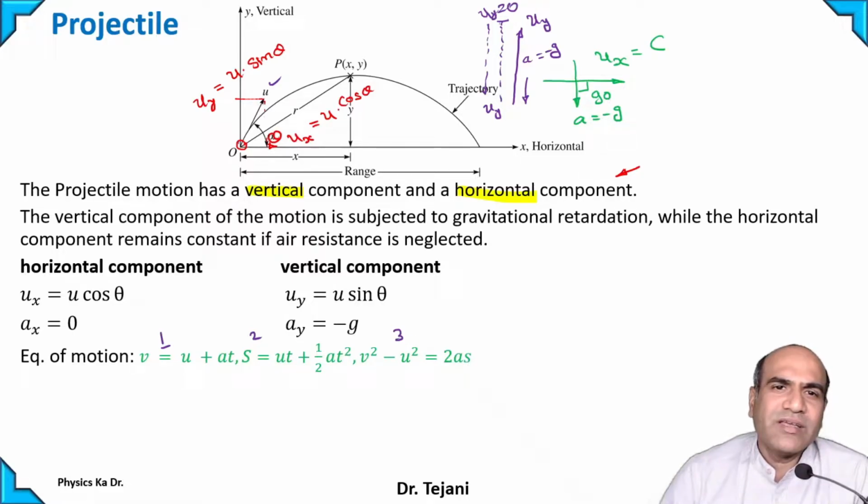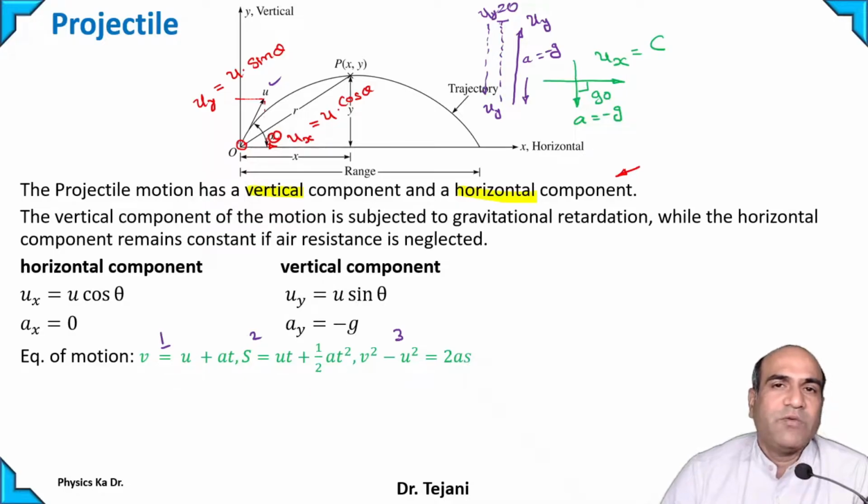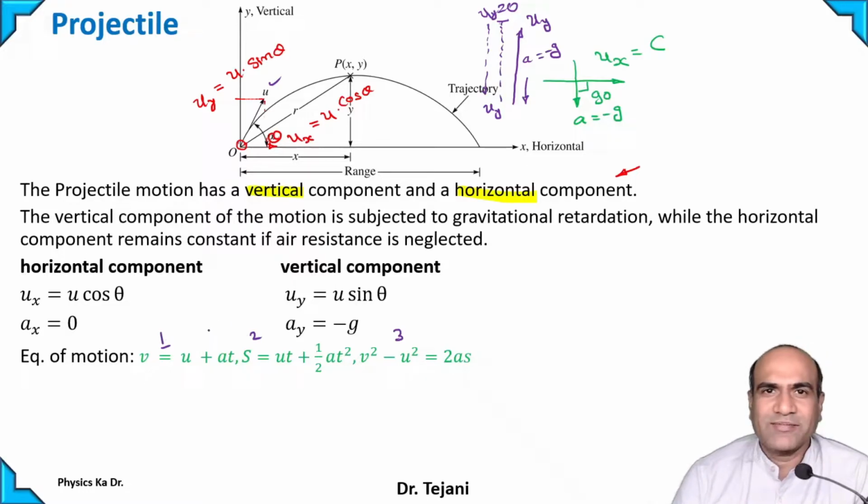As I mentioned earlier, by using these three equations you can solve all the problems of projectile, but it takes time. So it is better to remember some equations, not all of them. If you are a genius, you may do it fine. But I do not recommend remembering all the equations, because with more equations there are possibilities that you may put in a wrong equation and get a wrong answer. We don't want to do that.